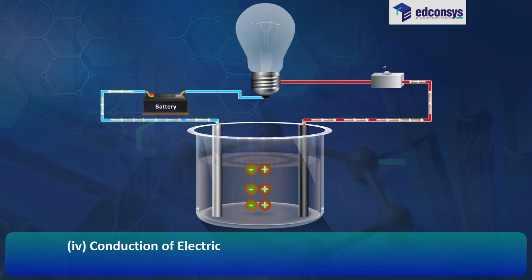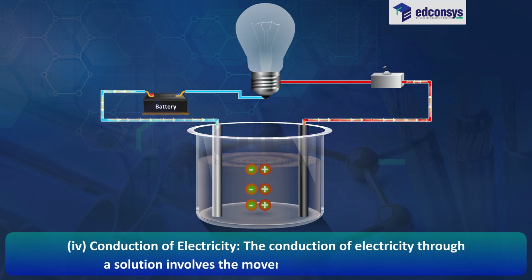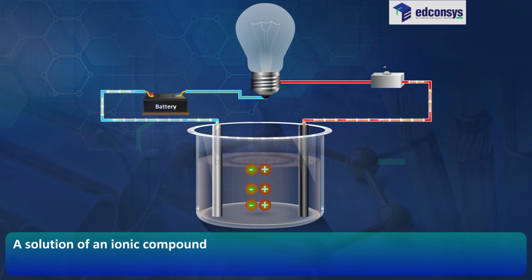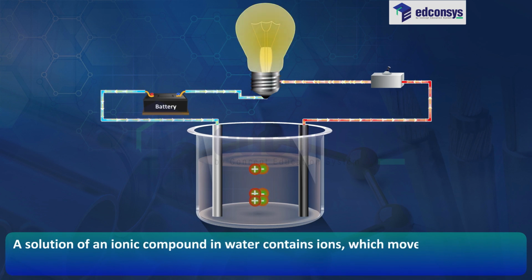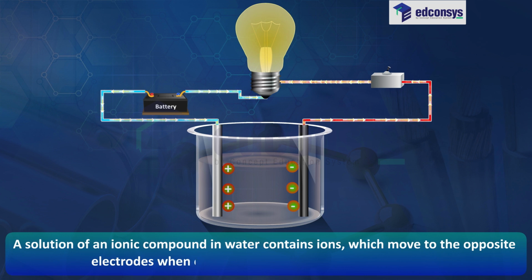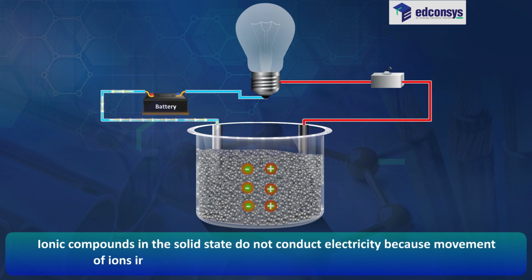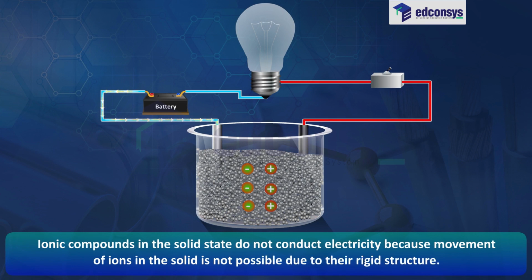Fourth, conduction of electricity. The conduction of electricity through a solution involves the movement of charged particles. A solution of an ionic compound in water contains ions, which move to the opposite electrodes when electricity is passed through the solution. Ionic compounds in the solid state do not conduct electricity because movement of ions in the solid is not possible due to their rigid structure.